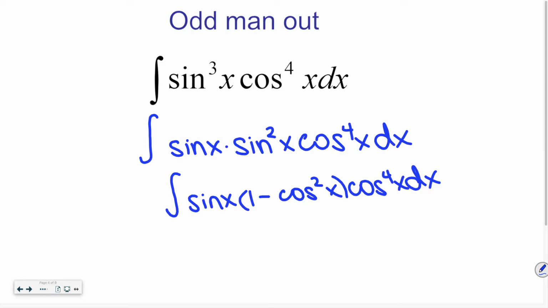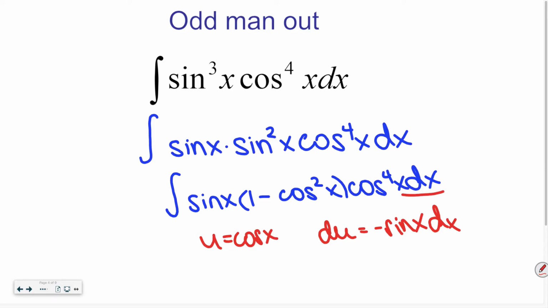Why is that helpful? Now we can say that we want u to equal cosine of x, the one that wasn't odd, which makes du negative sine x dx. Well, look at this, ladies and gentlemen. We have sine of x dx.